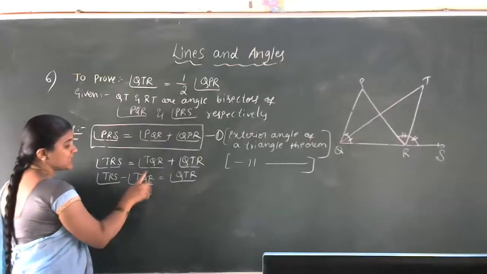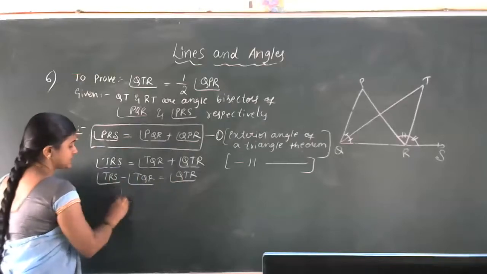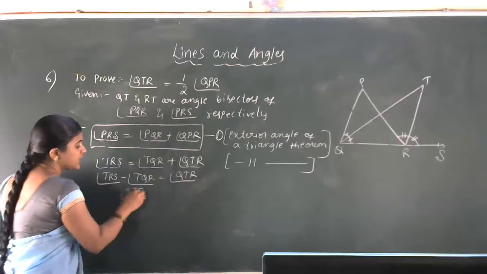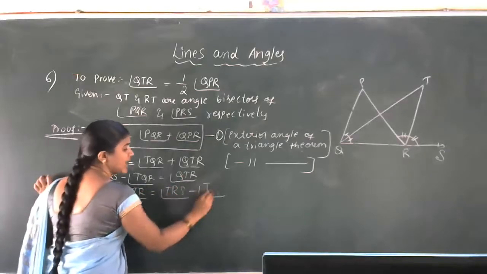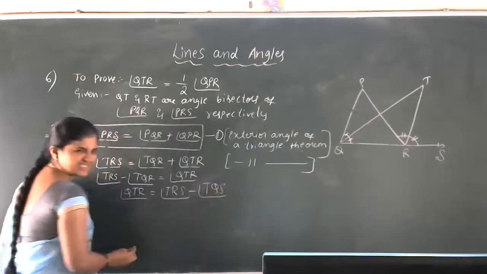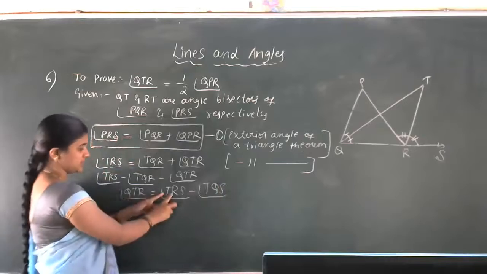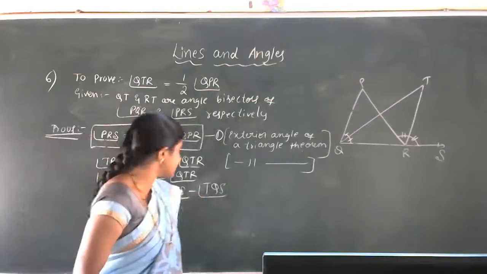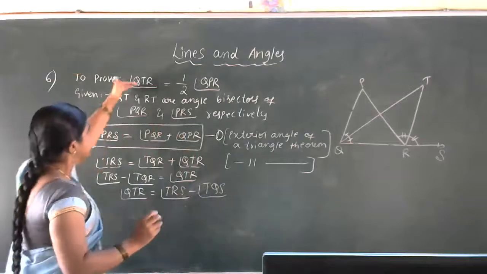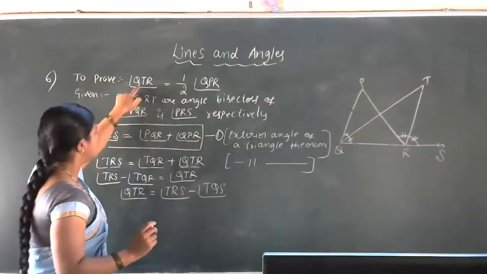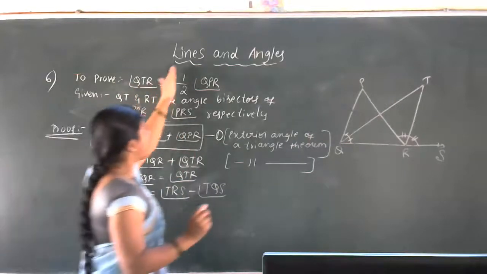So TRS minus TQR is equal to QTR. Let us change the place: QTR is equal to angle TRS minus TQR. Up to this much we got. So the LHS is ready, QTR.